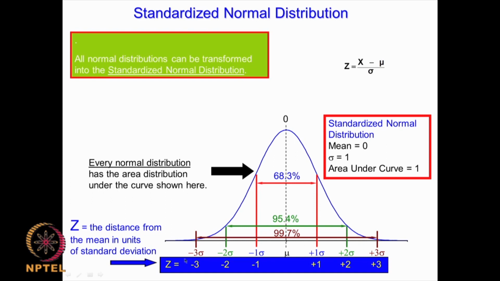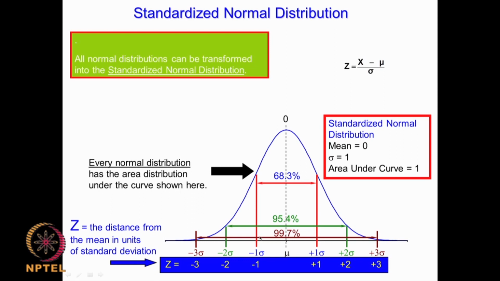Corresponding to that z, 1 sigma will become 1, 2 sigma will become plus 2, 3 sigma will become plus 3. Minus 1 sigma will become minus 1, minus 2 sigma will become minus 2, minus 3 sigma will become minus 3. All you have to do is substitute mu equal to 0, x equal to minus 3 sigma, so z will become minus 3.